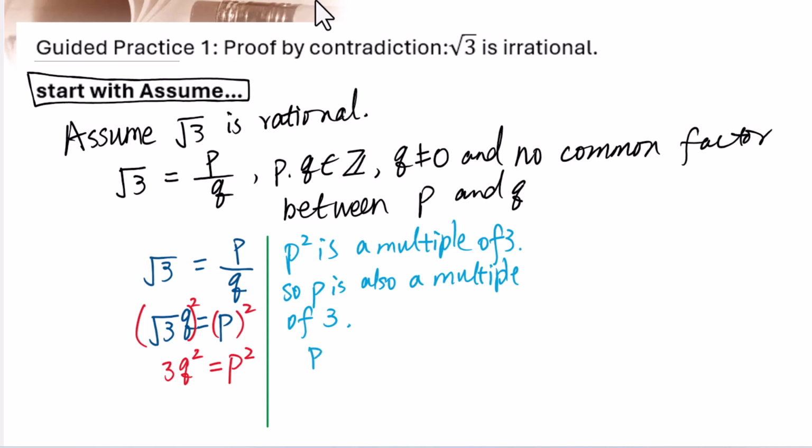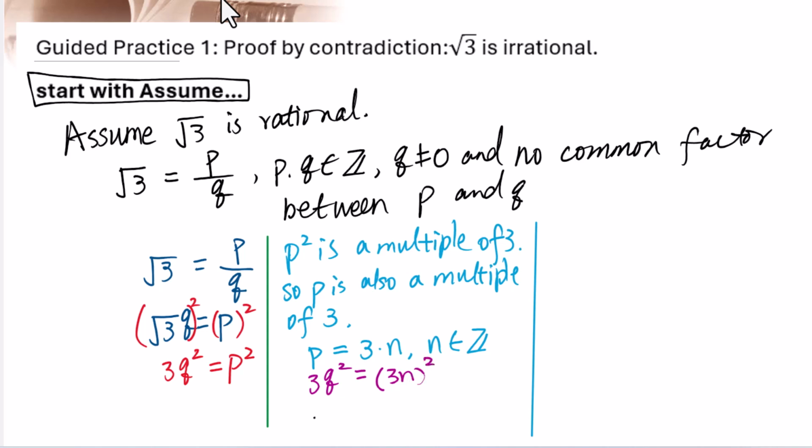Then we can write down P equals 3 times n, where n is an integer. Let's do the substitution. 3Q squared equals 3n squared, which is 9n squared. Divide by 3 both sides.